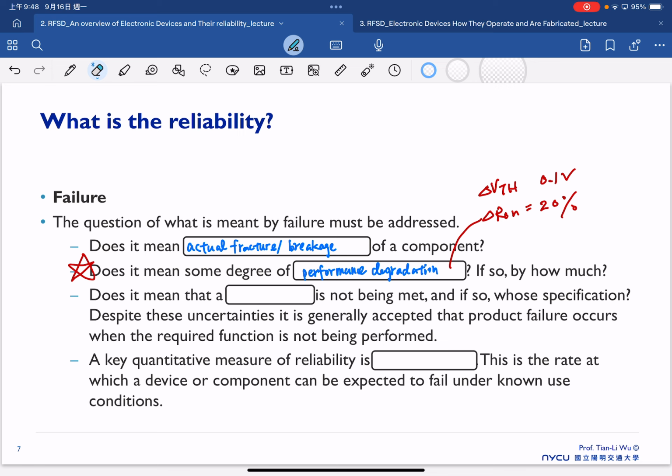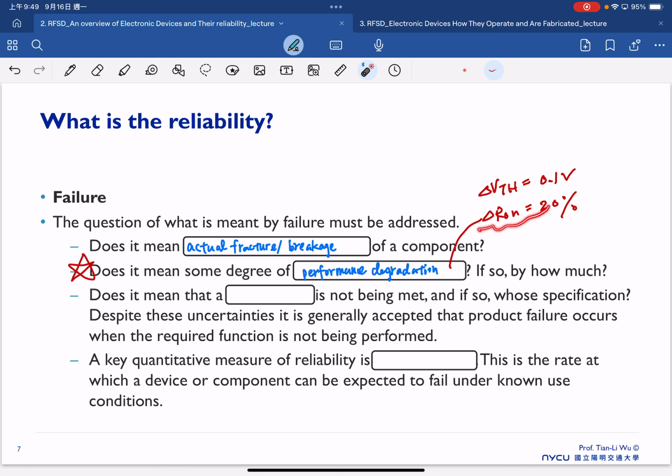Once our R-on has shifted 20%, we can also consider that a failure. In reality, we more prefer to define this kind of performance degradation as a failure rather than consider the actual fracture or actual breakage of a semiconductor device.